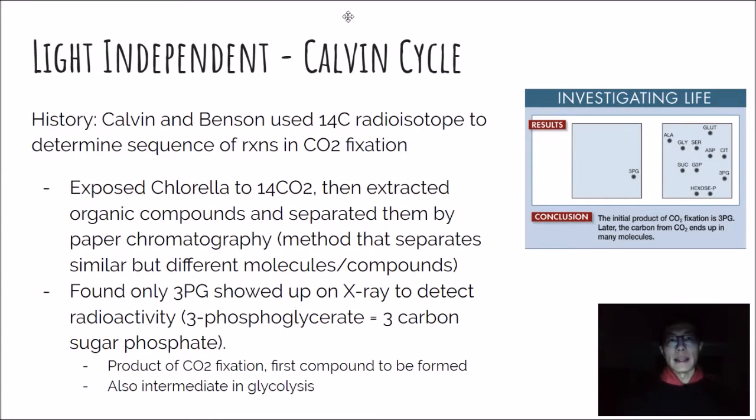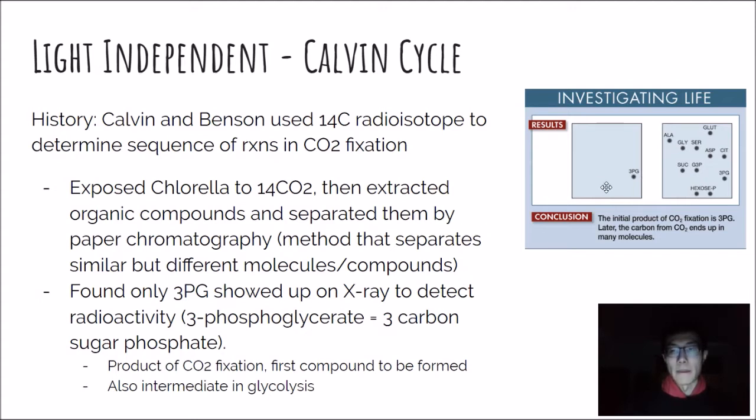When we look at light-independent cycles, there were scientists named Calvin and Benson. They used 14-carbon radioisotopes to determine the sequence of reactions in the whole process of CO2 fixation. They exposed chlorella, which is an organism, to 14CO2, then extracted organic compounds and separated them by paper chromatography. The initial results only showed 3-PG, or 3-phosphoglycerate, a 3-carbon sugar phosphate.